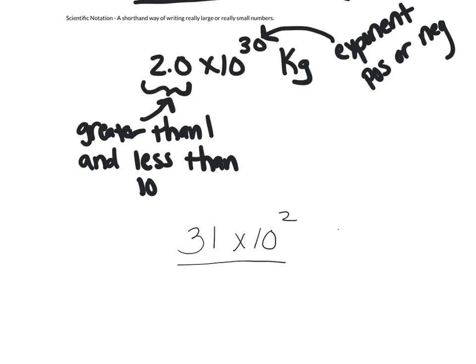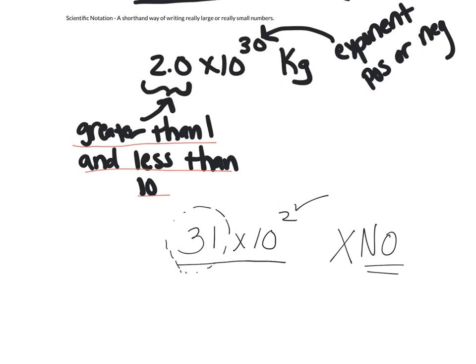Well, the answer is no. Why not? First of all, you can see here that you have a power. That's good. But 31 is not greater than 1 and less than 10, because 31 is more than 10. So this number is not in scientific notation.